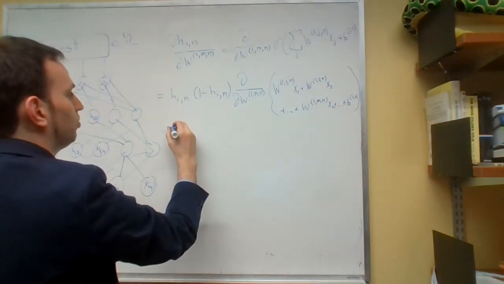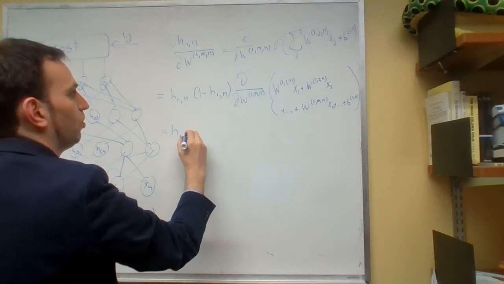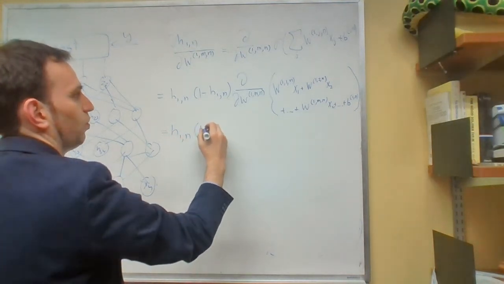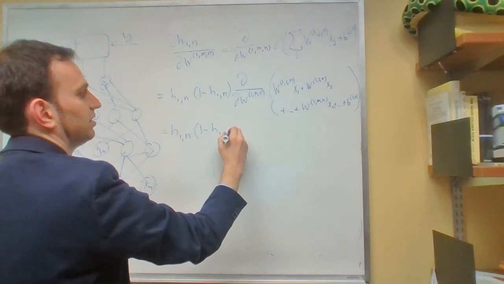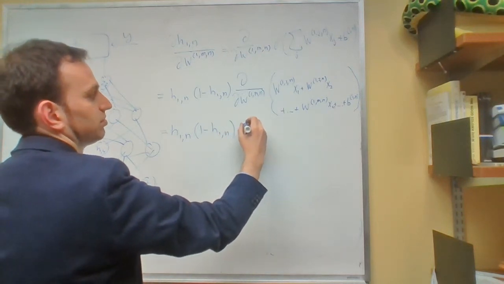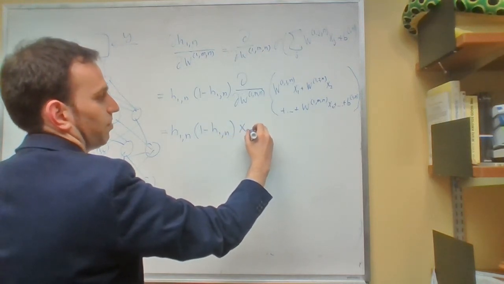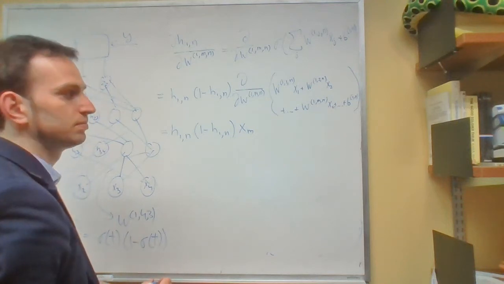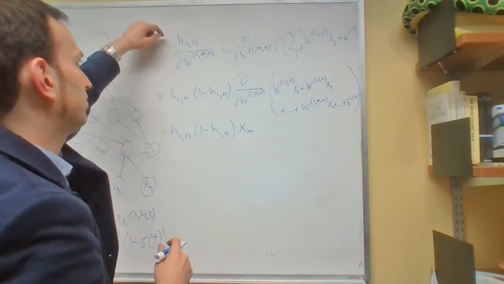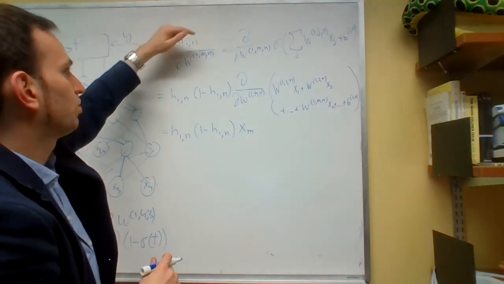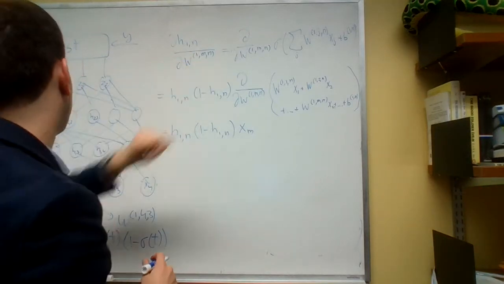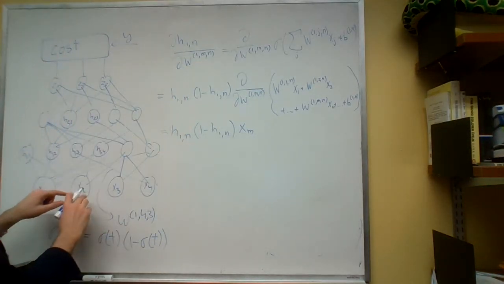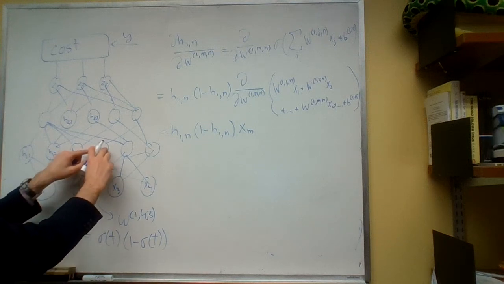So in general, what you'll get is h1n times 1 minus h1n times xm. So that's going to be the derivative of h1n with respect to w1mn, with respect to the weight that connects the mth x to the nth h1.